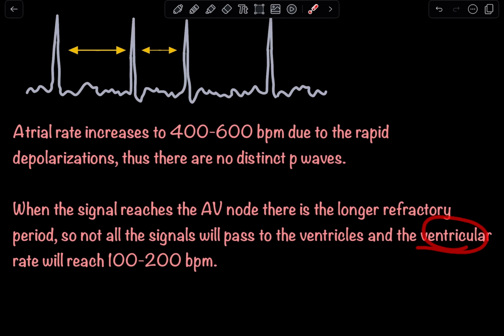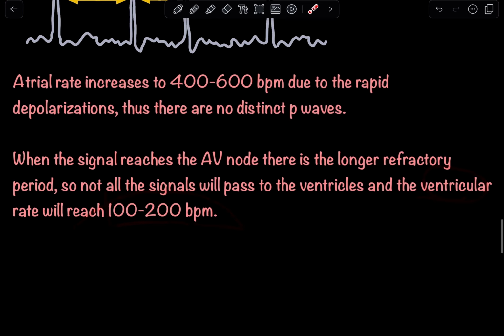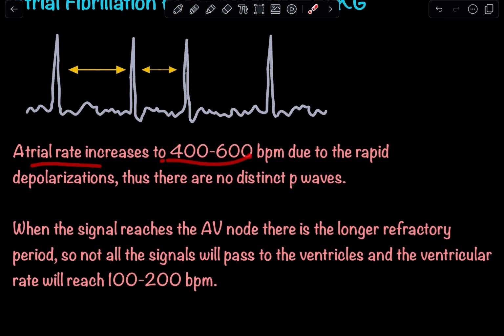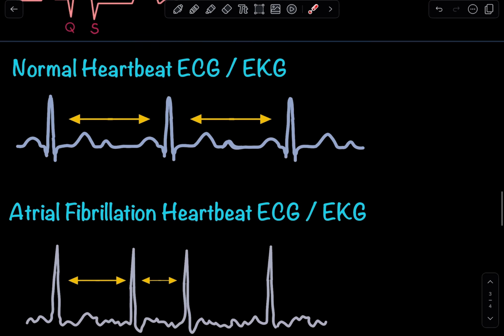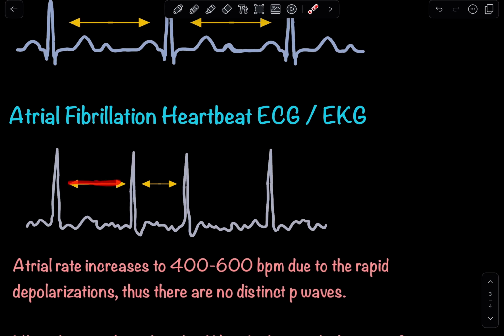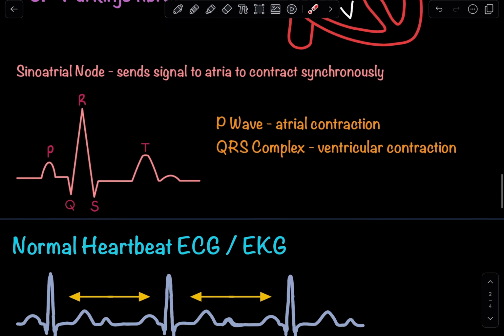The ventricular rate will increase to about 100 to 200 BPMs, whereas the atrial rate is 400 to 600 BPMs. So going back, we can see the irregular spacing, and we can see that there are no distinct P waves. Instead, we have a wave-like motion indicating that the atria are contracting irregularly. And those are two distinct features of atrial fibrillation in an EKG.